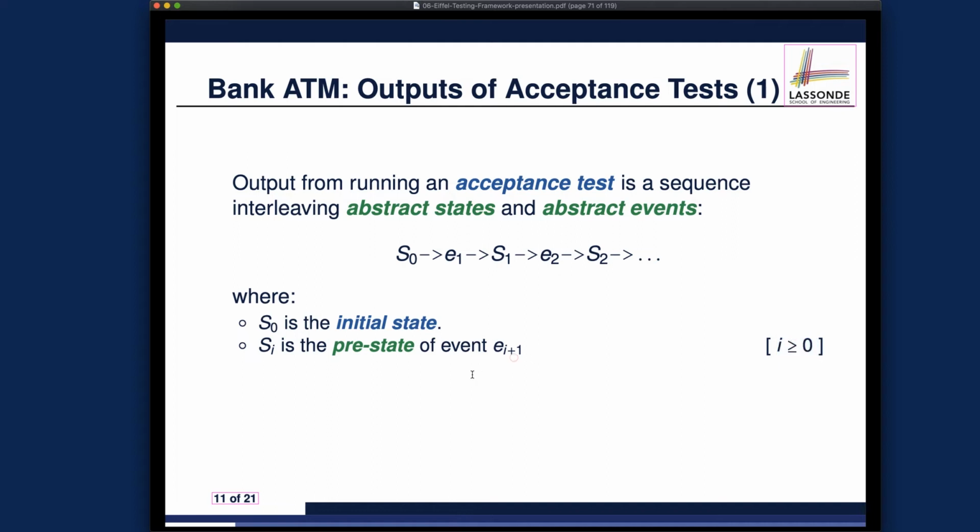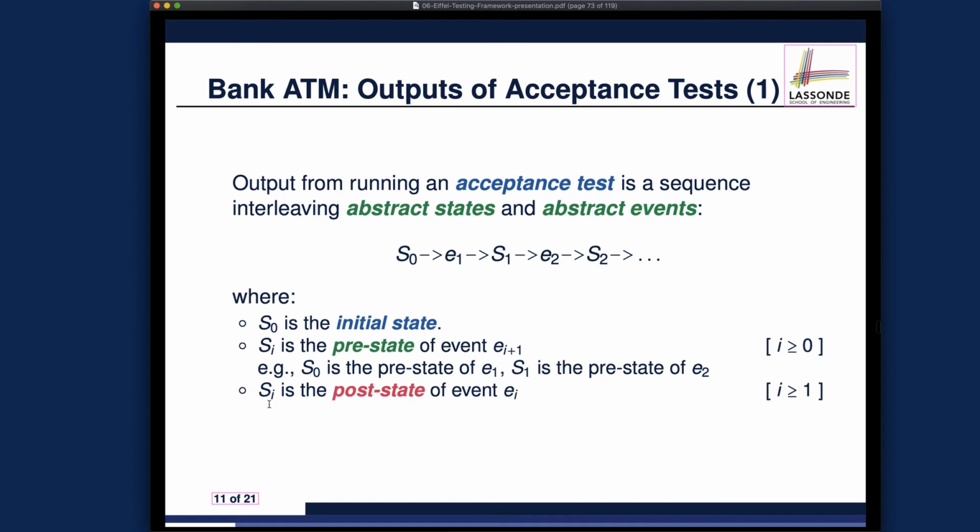Okay, let's try to do one example. You can see S0 over here is the pre-state of E1. You can think about S0 as a starting state for E1. And also S1 is a starting state for E2, and so on. And then Si will be the post-state of event Ei, with i larger than or equal to 1. What does that mean?